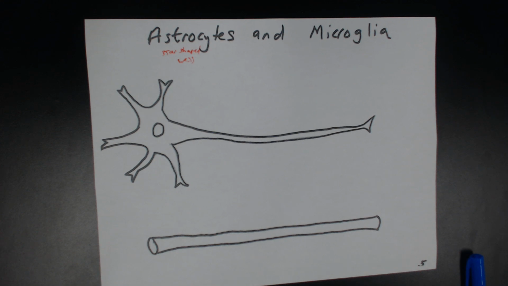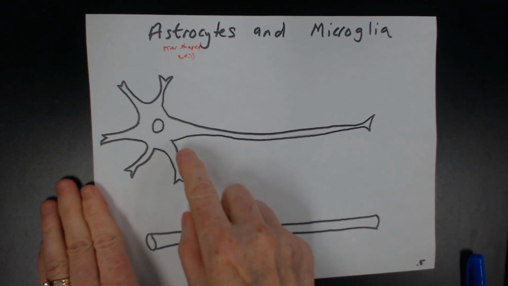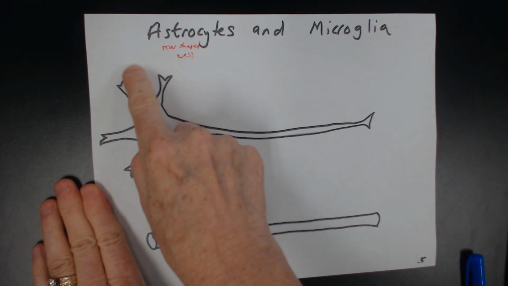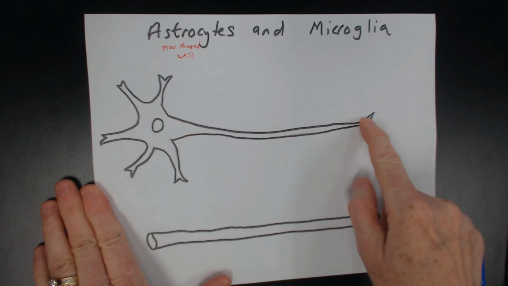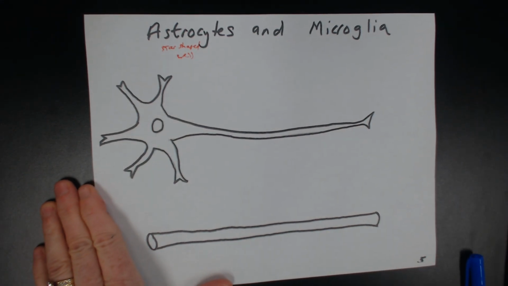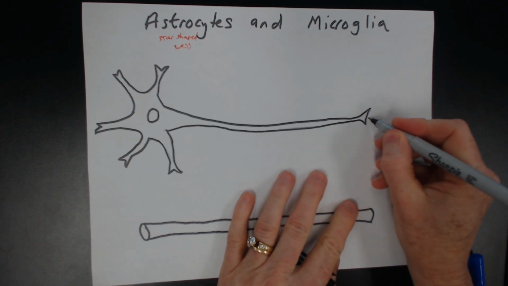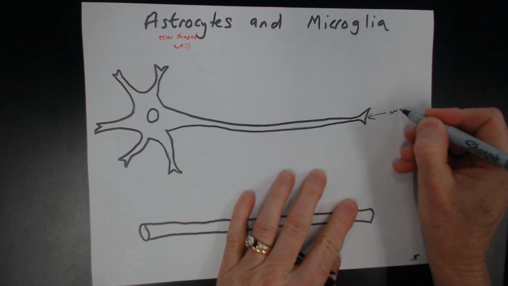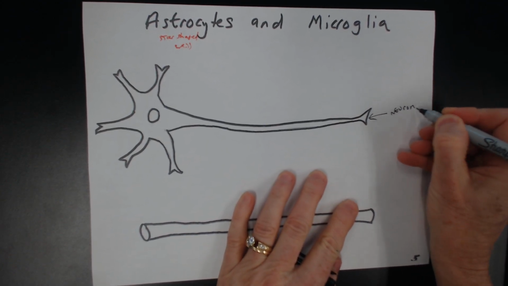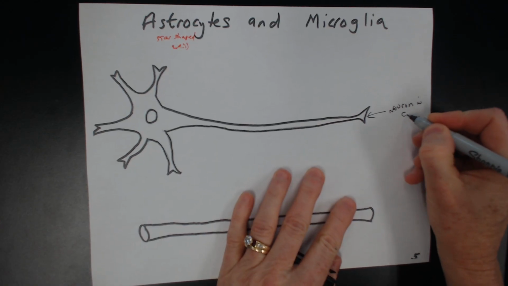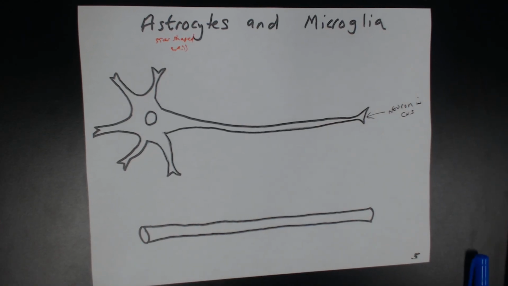Okay, what I've drawn here at the top is just your basic multipolar neuron. Here's a dendrite, cell body, axon terminal. Okay, so I can label that. That's just your basic neuron. And this is going to be a neuron in the CNS. Okay, we talk about astrocytes and microglial.